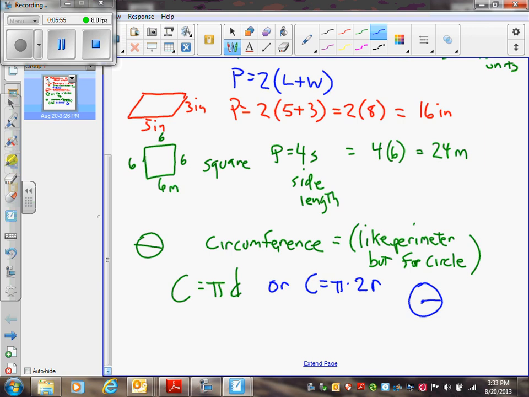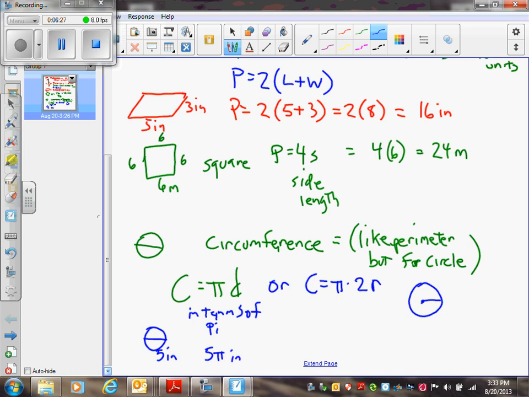Now, sometimes they're nice and they don't make you use 3.14 for pi. Sometimes they say just find it in terms of pi. So if I had a circle that had a diameter of 5 inches, and they wanted me to find it in terms of pi, it would be 5 pi inches.